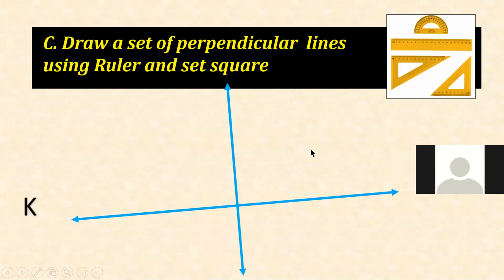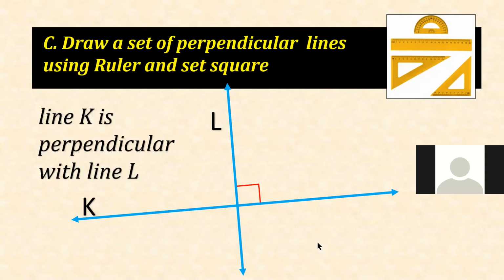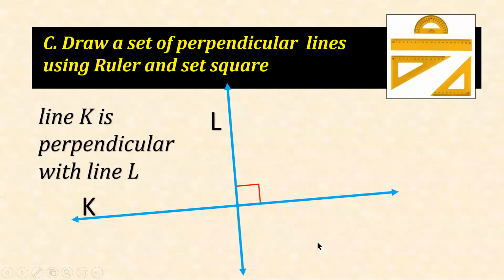Okay, so I will name it line K and line L, and I'll show you the square corner. You see that, children? Yes, ma'am. Everybody read. Line K is perpendicular to line L.